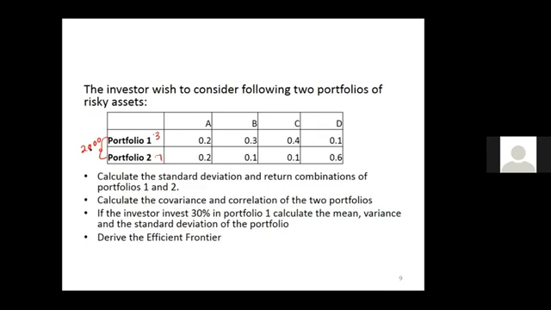So out of this 2 million, 30% in portfolio 1 and 70% in portfolio 2. 30% means 600,000, so you can allocate 600,000 among assets A, B, C, and D proportionally at 20%, 30%, 40%, 10%. The 70% means 1.4 million rupees, which can be allocated among the four assets at 20%, 10%, 10%, 60%.